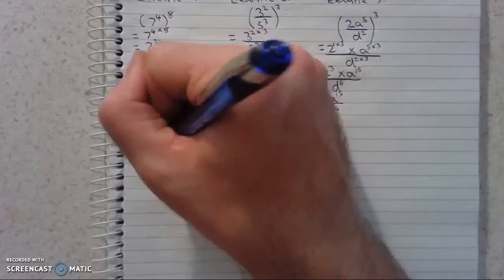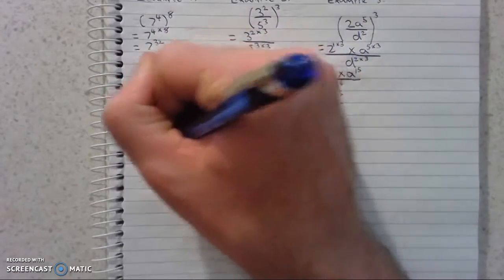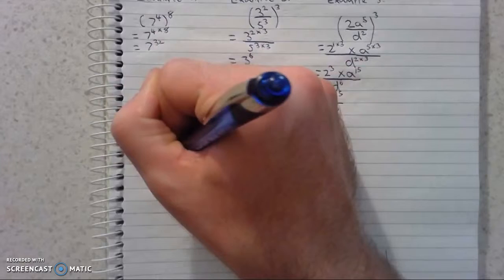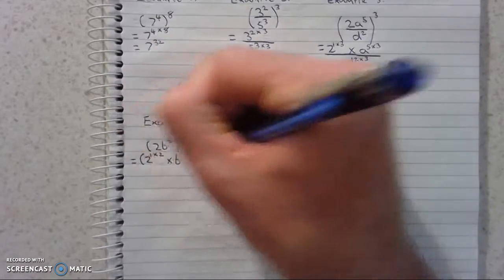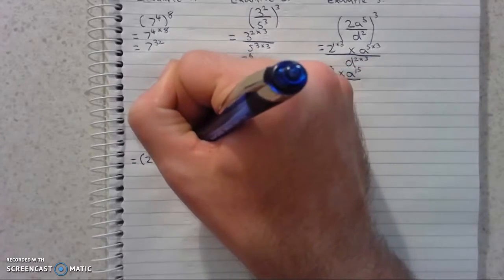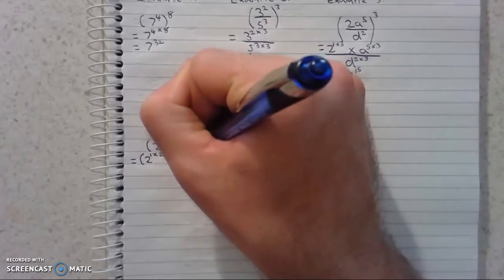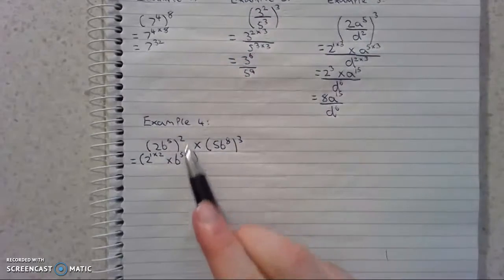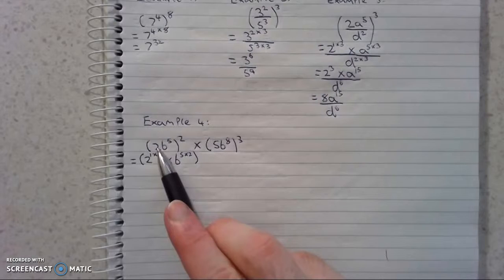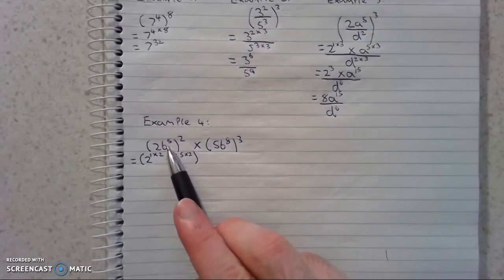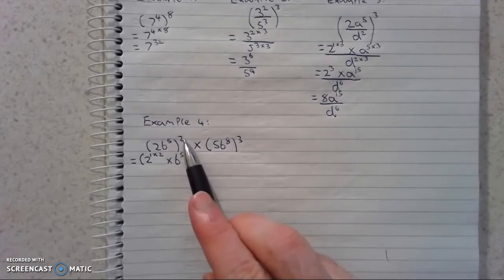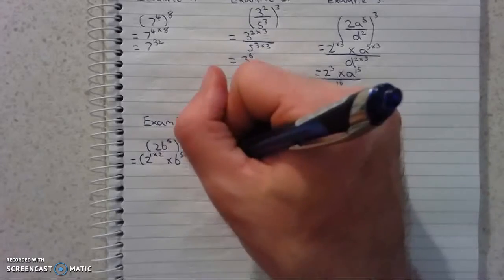So 2 to the power of 1 times 2, times b to the power of 5 times 2. So we've taken this number here and this variable here, and we've multiplied them by what's outside, which is 2.